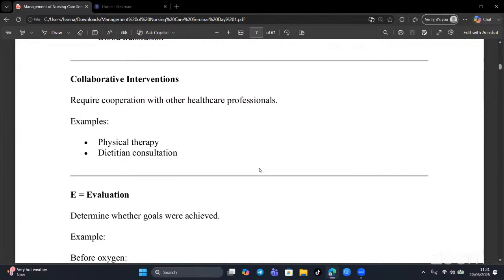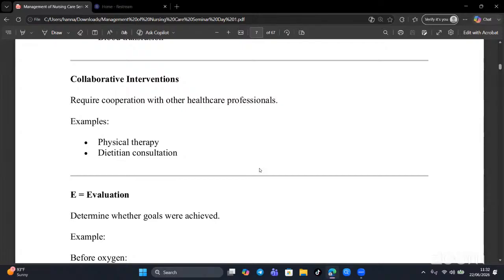We call it the dysphagia assessment. So after the assessment, the nutritionist will order for what? Okay, let's give thickener. Let's give soft diet or bite-sized food to this patient. So we have collaborated with other health workers. Okay, that is called what?